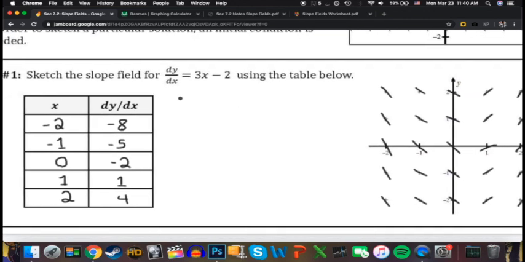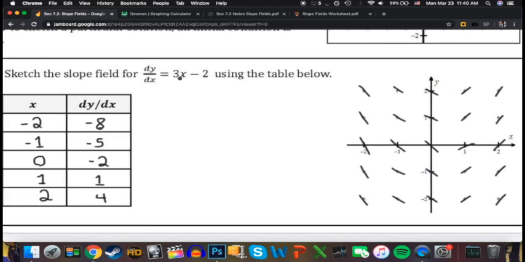If you wanted to sketch a specific solution curve, then what you'll have to do is actually integrate this differential equation. So as we did yesterday, we just want to get the variables separated from each other, so we can multiply both sides by dx. Then from here, you can integrate both sides with their respective variable.